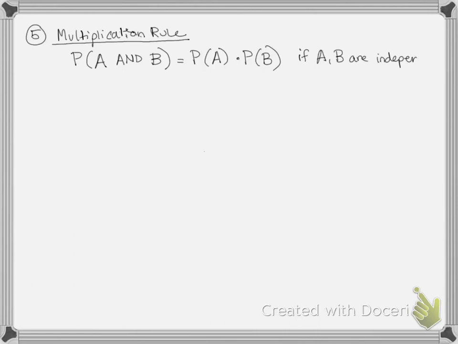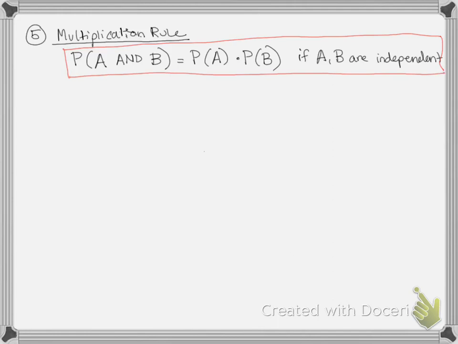It says P of A and B would equal P of A times P of B, but we have to make sure that A and B are independent. So now we have another caveat. This is getting annoying, right? Don't worry, at some point we have rules that work every time, but in the beginning we just introduce the general rules.